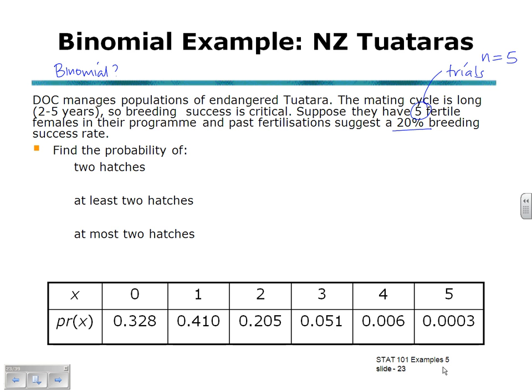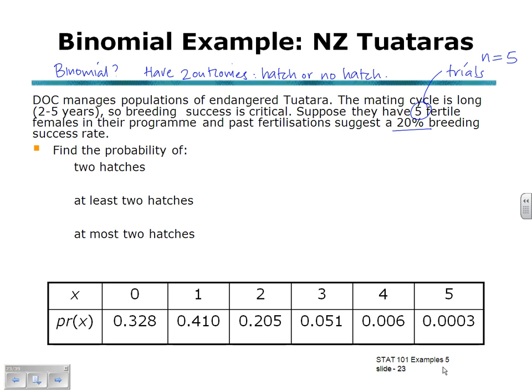Trials must be independent, assuming the fertile females are all independent, and the trials are classified into either success or failure. So we will either have a hatch in this case, or we won't have a hatch. Will the fertilization be successful and result in a hatch or not?